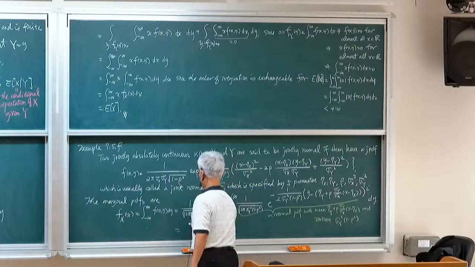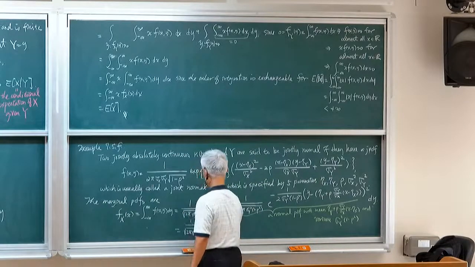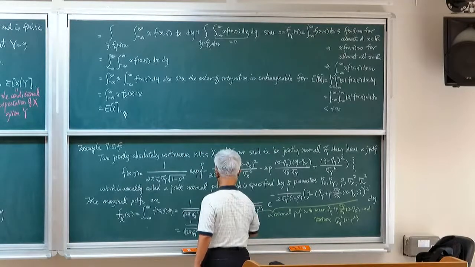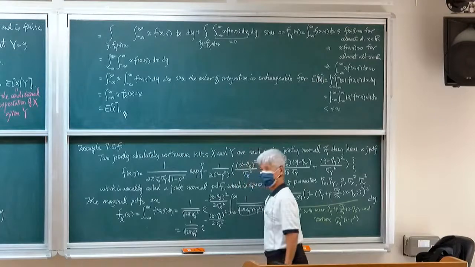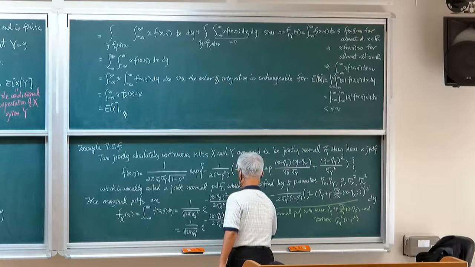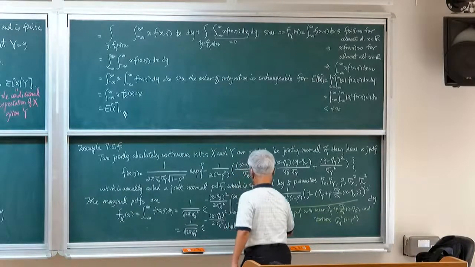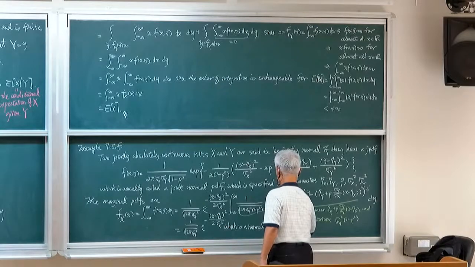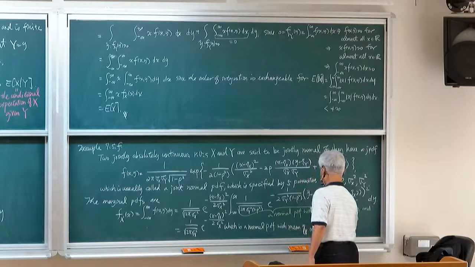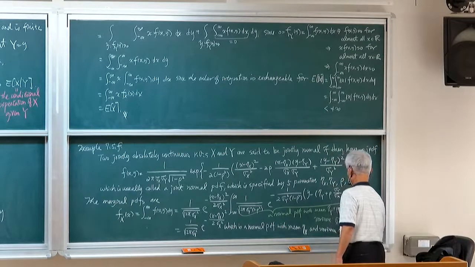So this has become 1 over square root 2 pi sigma x square, e to the power of minus x minus eta x squared over 2 sigma x square, which is a normal PDF with mean eta x and variance sigma x square.